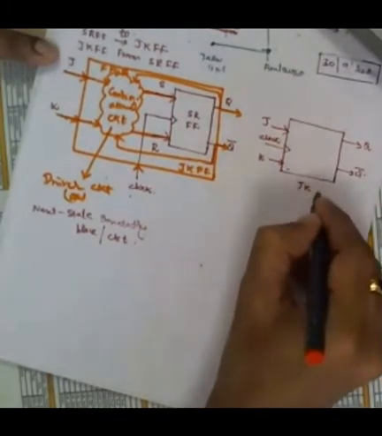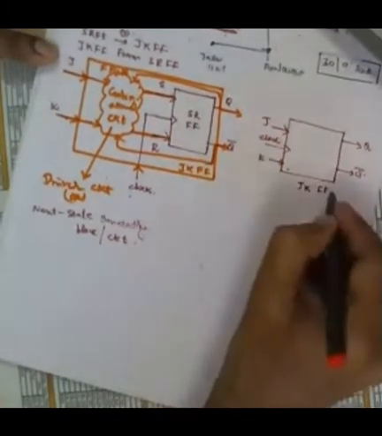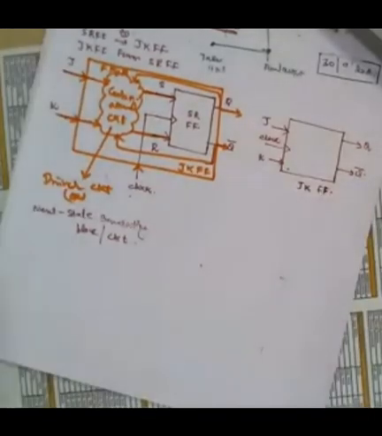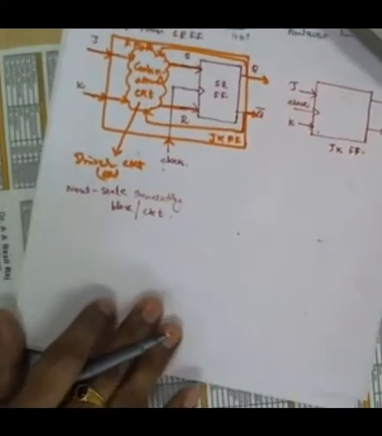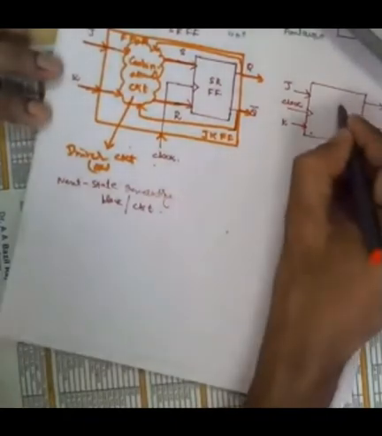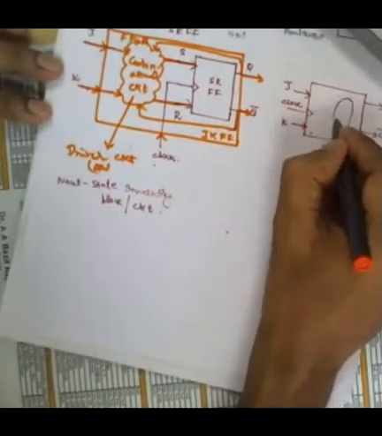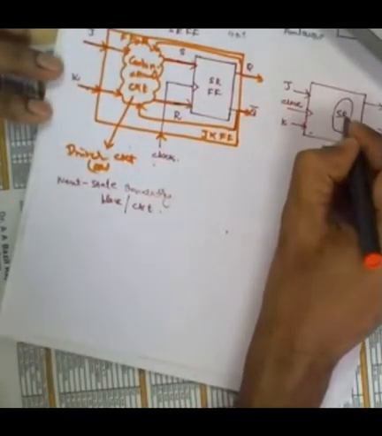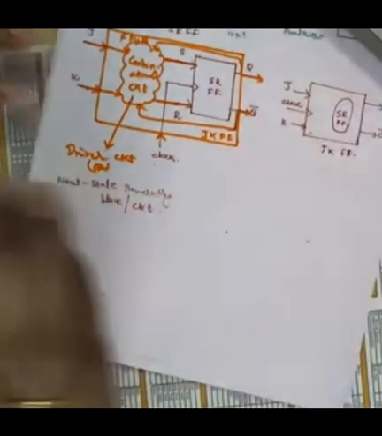This is the JK flip-flop I want. But here the core is not a JK flip-flop. Correct? The core is the SR flip-flop.